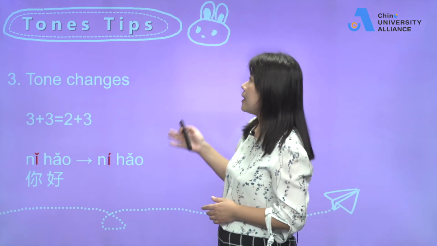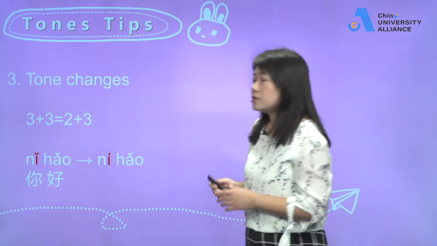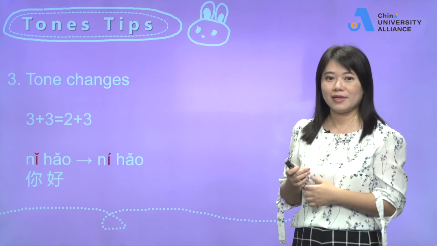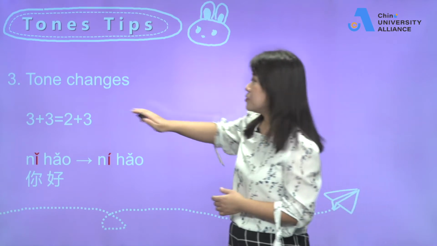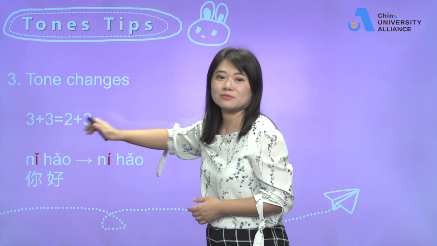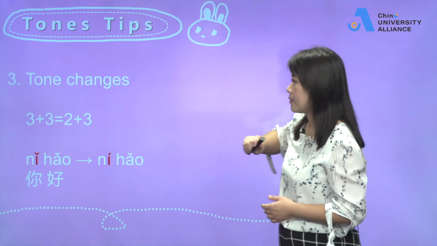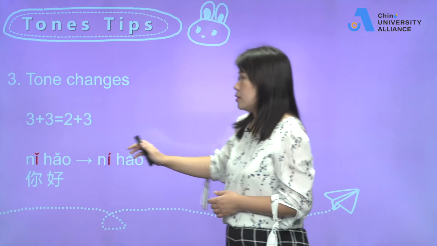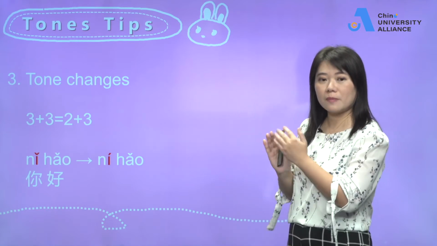And there's another tip. When 2 tones combine together, one of the tones will change the tone. Is it amazing? If 2 third tones combine together, the first tone will change to the second tone. Let's see the sample here. 你好. There are 2 third tones combined together.